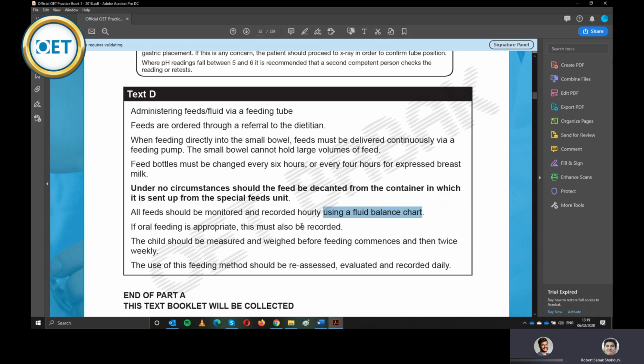Oral feeding is appropriate. This must also be recorded. Child should be measured for weight and recorded, reassessed and recorded daily. Yes. So did we have any alternative here? It talked about oral feeding. Yeah.